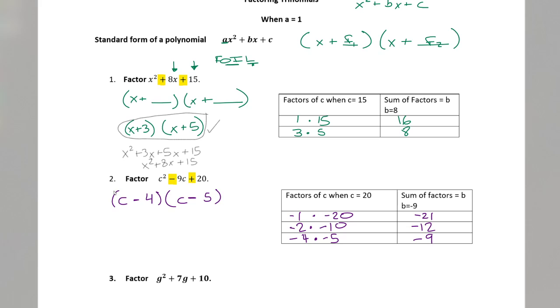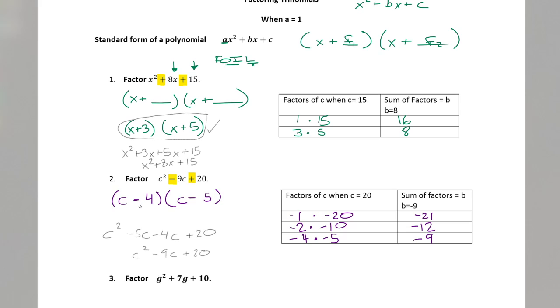And just to check, c times c, c squared, c times -5, -5c, -4 times c, -4c, -4 times -5, positive 20. Remember to add those inner terms. c squared minus 9c plus 20.